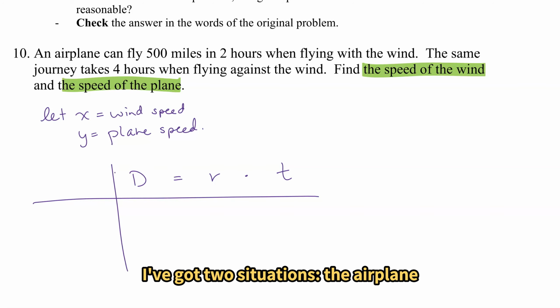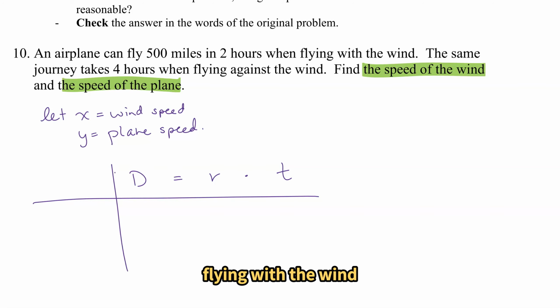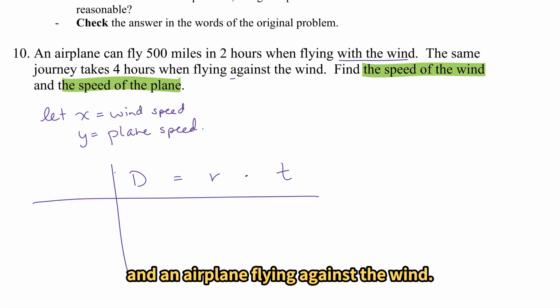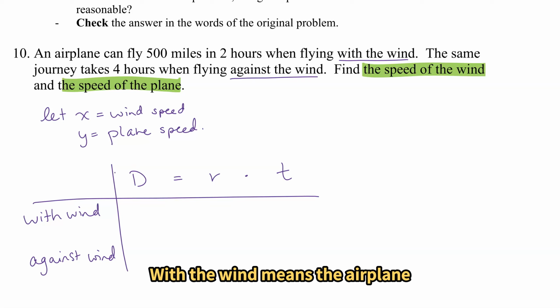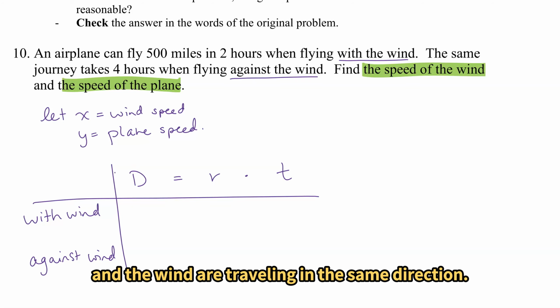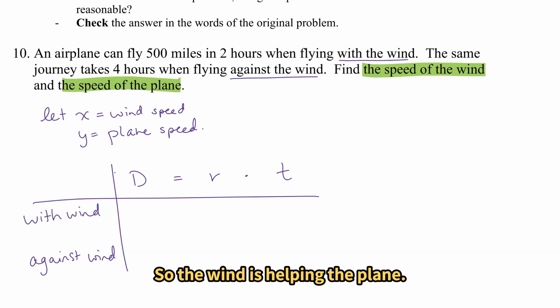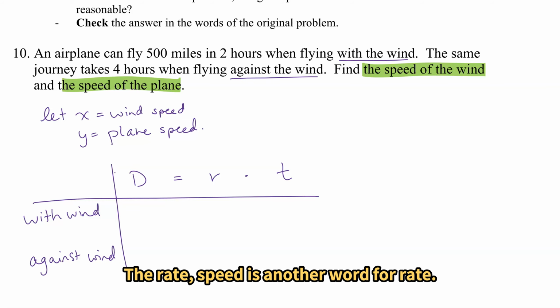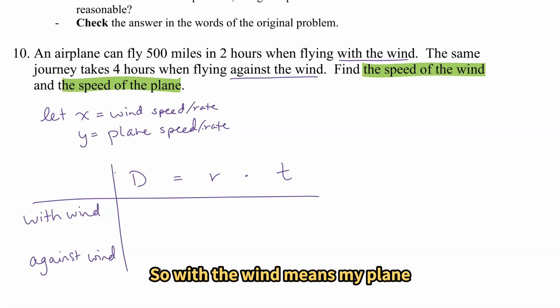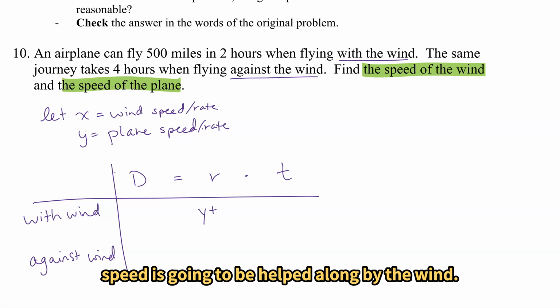I've got two situations, the airplane flying with the wind and the airplane flying against the wind. With the wind means the airplane and the wind are traveling in the same direction, so the wind is helping the plane. Speed is another word for rate, so with the wind means my plane speed is going to be helped along by the wind.